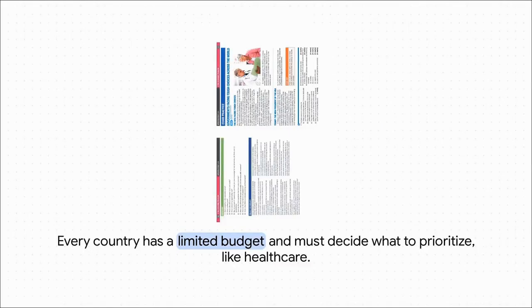And healthcare is the perfect and often painful example. Every country has a finite budget for health, so they have to make these incredibly tough calls. Do we fund this expensive new cancer drug, or do we use that money to build a new children's hospital? Every single one of those decisions carries a massive opportunity cost.